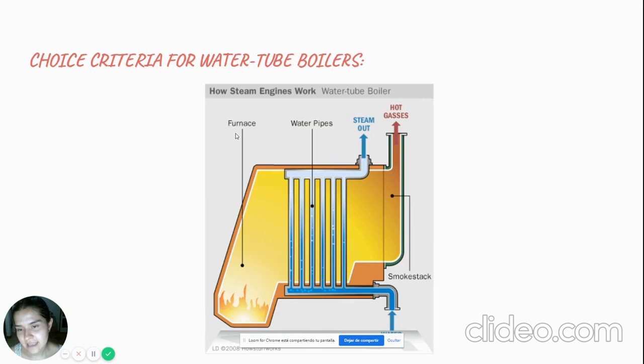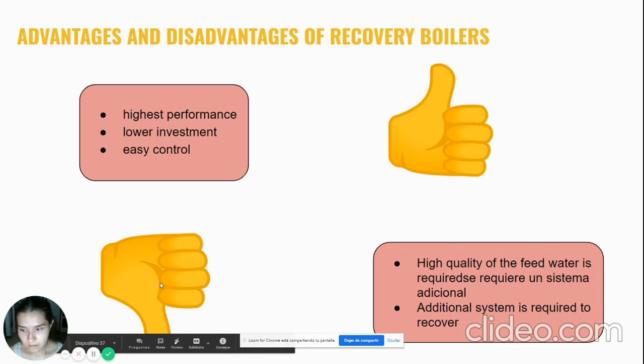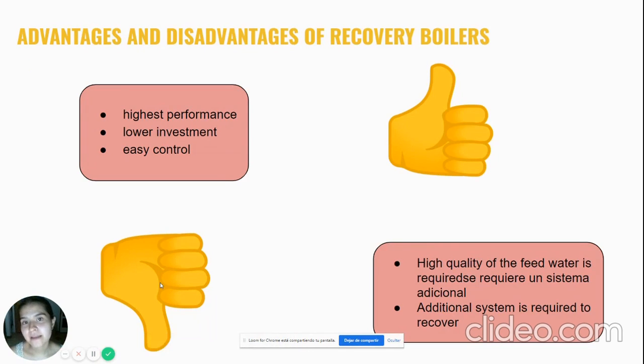Okay, these are the parts of a water tube boiler. This is a furnace, the water pipes, the steam out, and the hot gases. Advantages and disadvantages of recovery boilers.